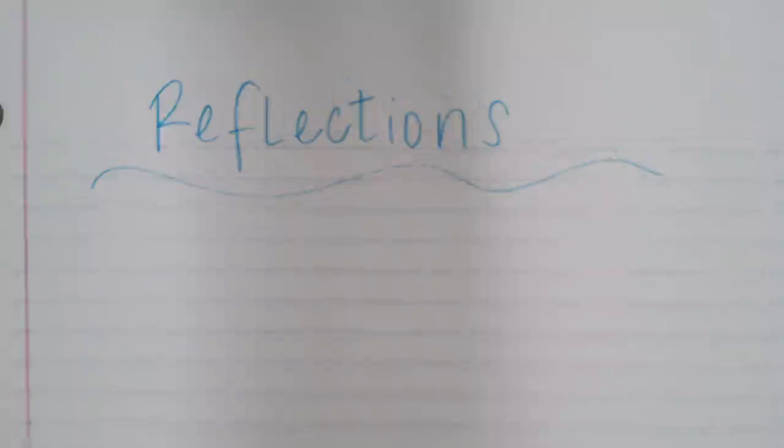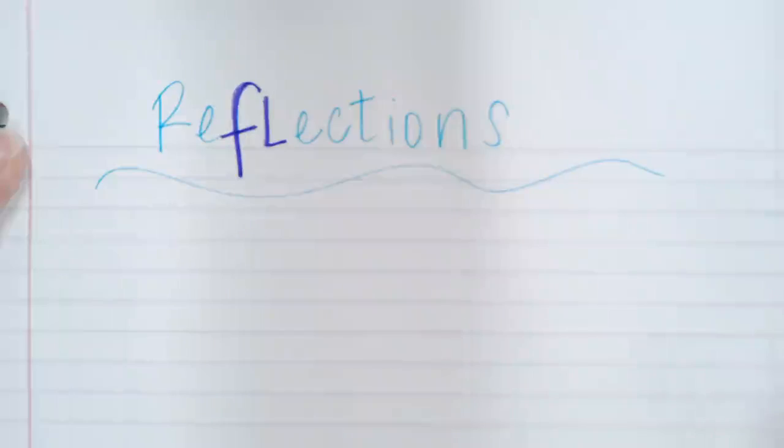So first thing is, if you think about what a reflection is, it's a mirror image. We usually think of a mirror when we think of a reflection. In math, what we're going to do is flip our shape over a line, over an axis.